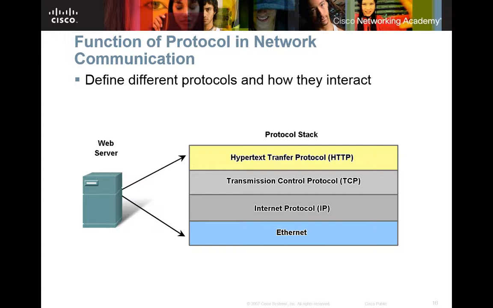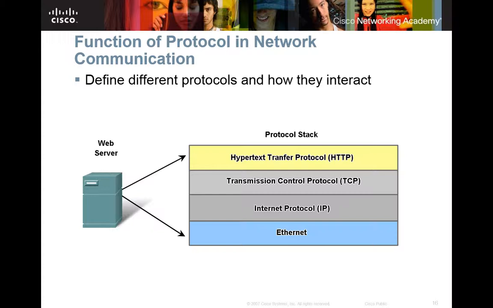Let's talk about the different protocols. You have HTTP, TCP, IP, and Ethernet. HTTP is a layer 7 application layer protocol. TCP is a layer 4 protocol. It is connection bound, in other words, I have to have a true connection to someone in order to do it.